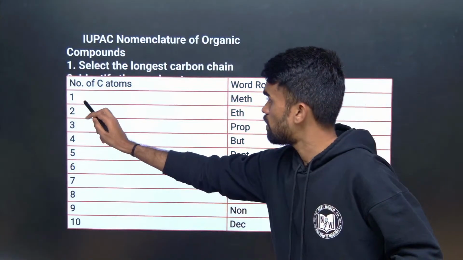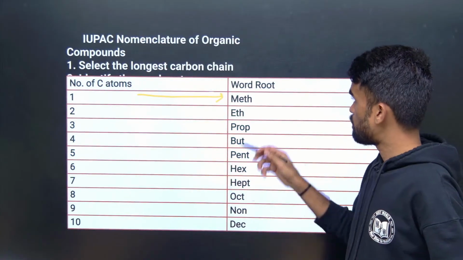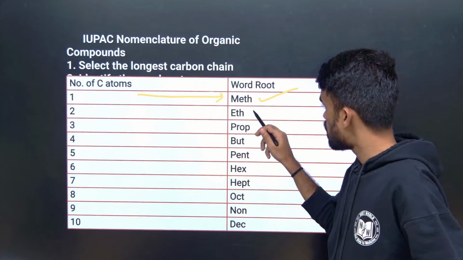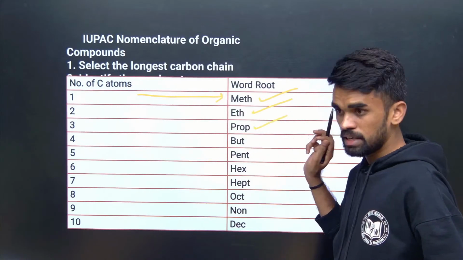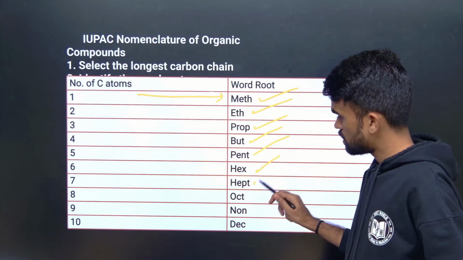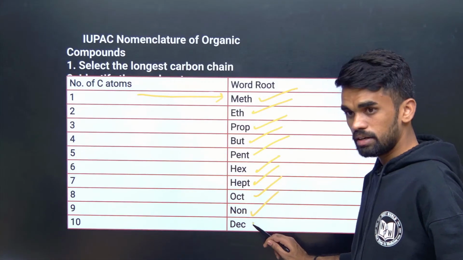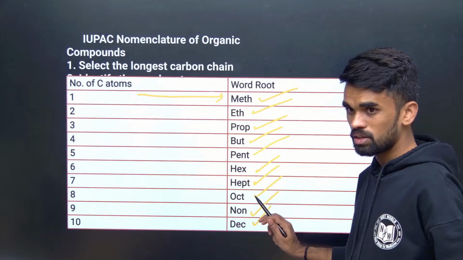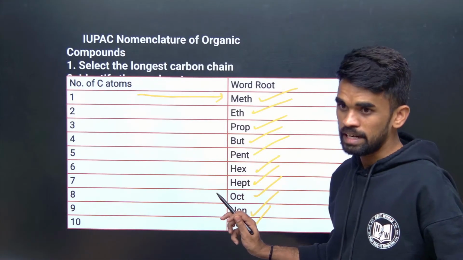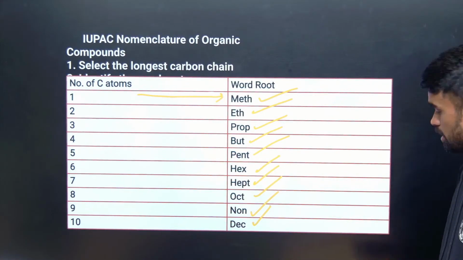If the parent chain has 1 carbon, we call it meth. 2 carbons, eth. Then 3, 4, 5, 6, 7, 8, 9, 10, 11 is undec, 12 is dodec, 13 is tridec, 14 is tetradec, like that.